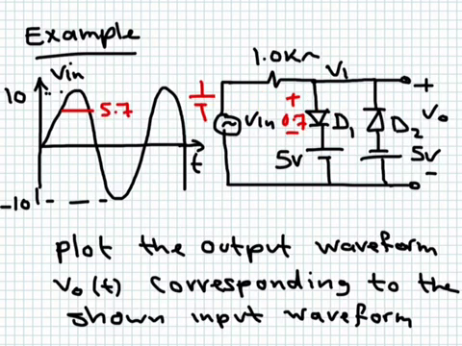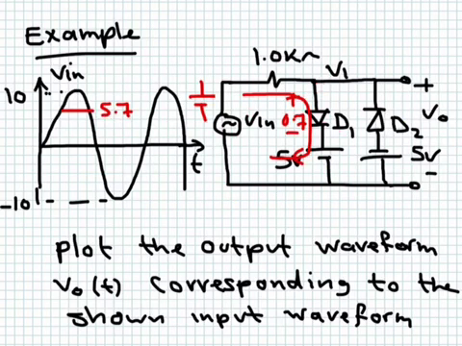So there will be enough current flowing this way to allow the circuit to satisfy Kirchhoff's voltage law. So the input voltage will be equal to this drop plus these two drops as well.